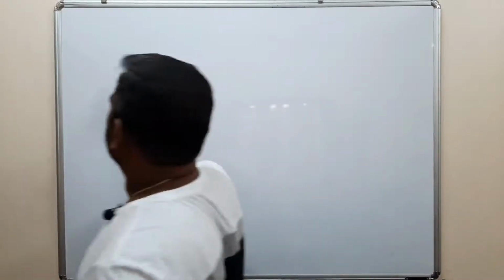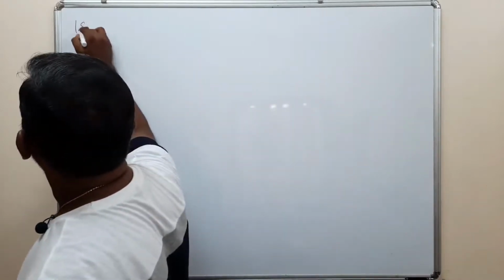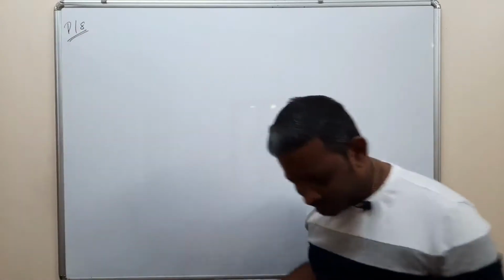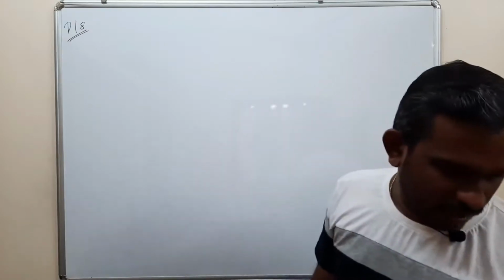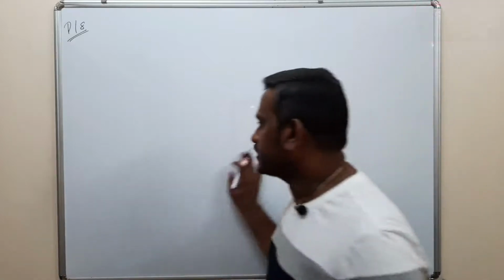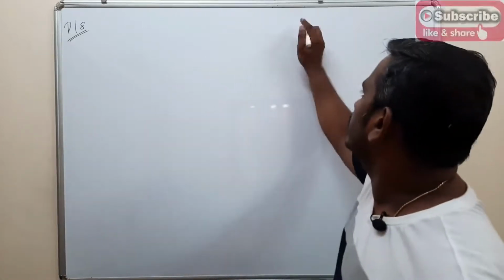So 18th question. A body starts from rest and is moving with constant acceleration. So the variation of speed with the displacement x is.